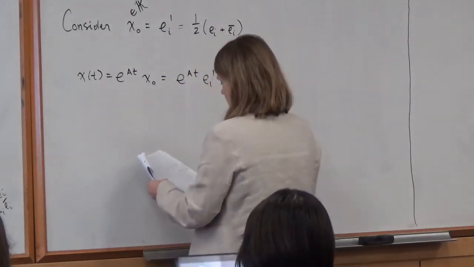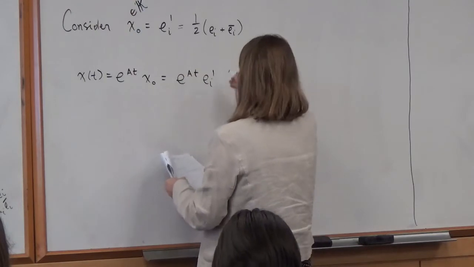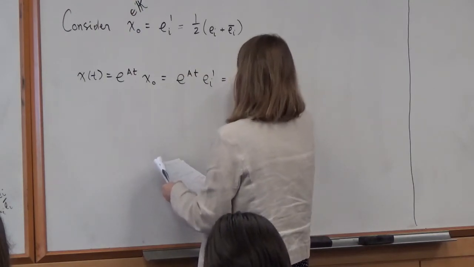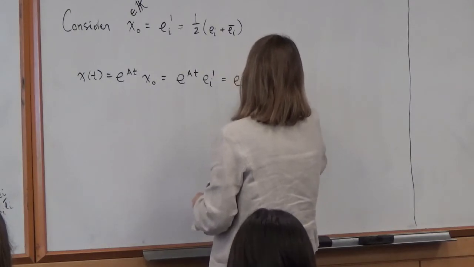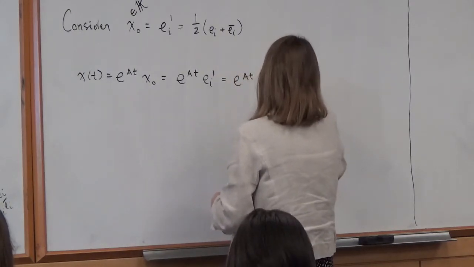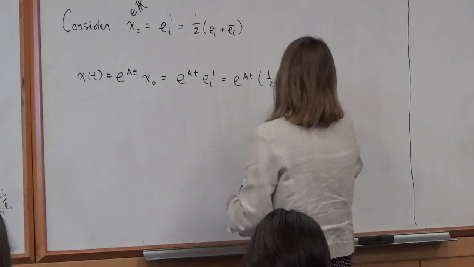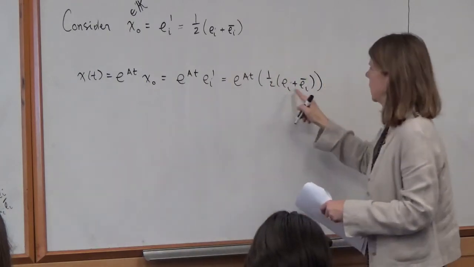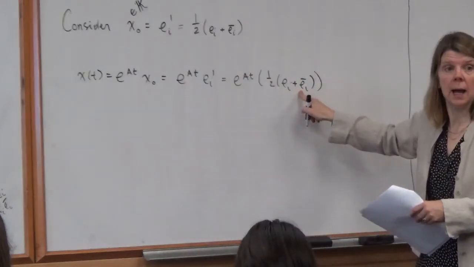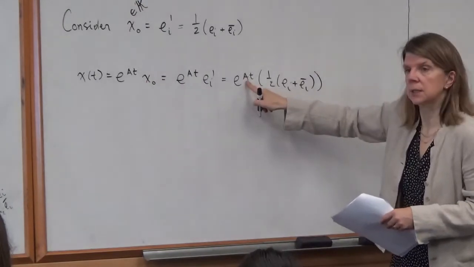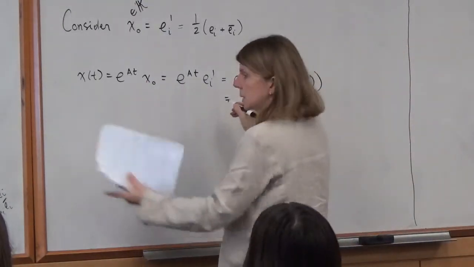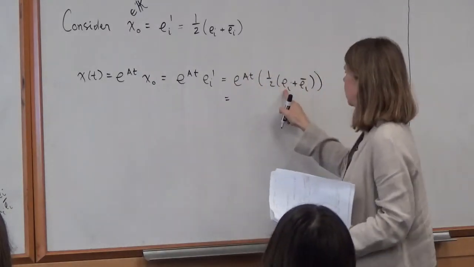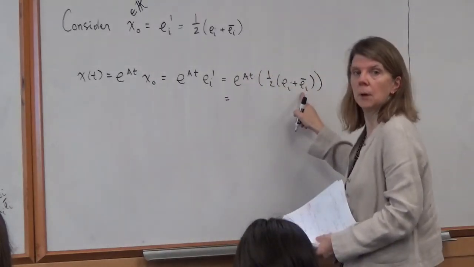So x0 is ei1, and let's do one step here: e to the At times 1/2 of ei plus ei bar. Bring out the 1/2. These are eigenvectors of the matrix A, so you just do the same thing that we did over here. We just have to apply it to both ei and ei bar.